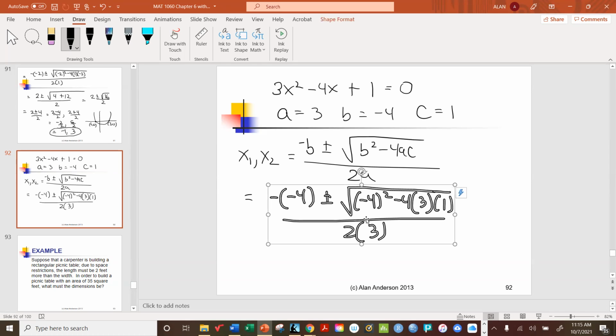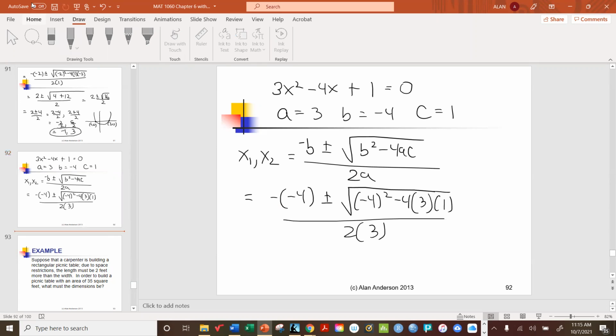All right. So it's not going to be integers, but it won't be too messy.